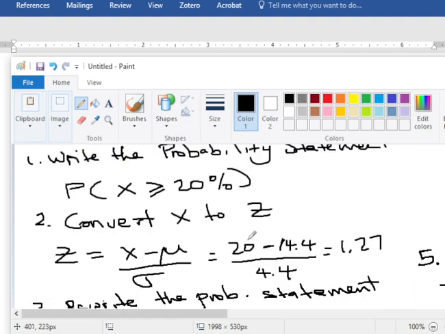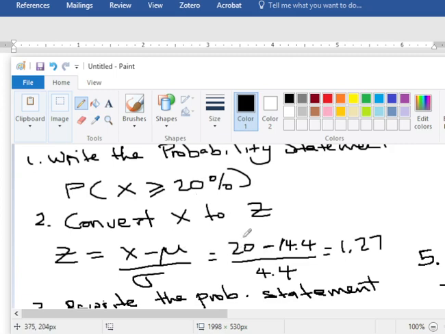Number 2, convert x to z. So you're going to take whatever this value is and convert it to z. And this is the formula that we use: x minus mu divided by the standard deviation. So this mu represents the average value or the mean, and that's what we have here. Both these numbers are given in the problem.